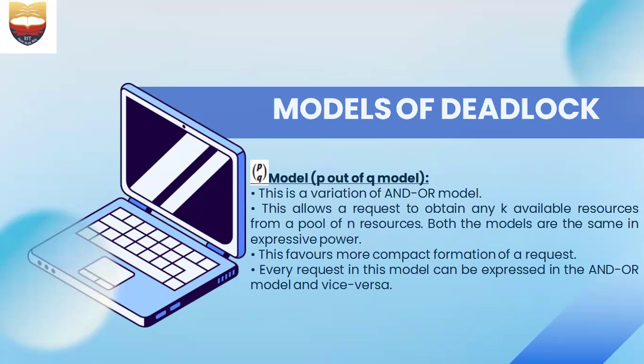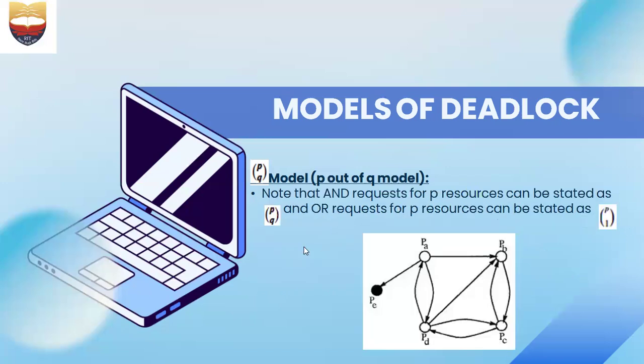This favors more compact formation of a request. Every request in this model can be expressed in the AND-OR model and vice versa. Note that AND requests for P resources can be stated as P-out-of-P and OR requests for P resources can be stated as 1-out-of-P.